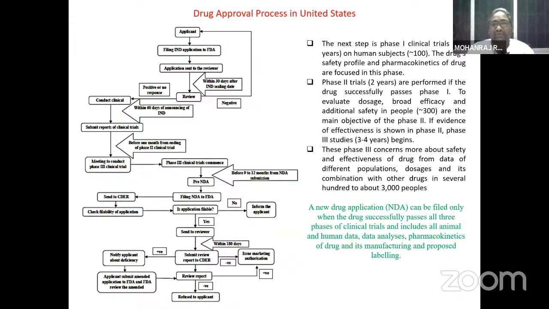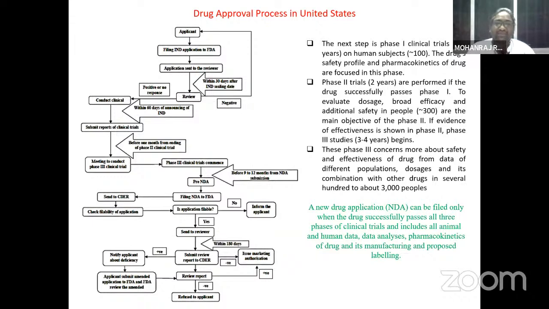Evidence of effectiveness is well justified. We get into 3 to 4 years of phase 3 study. This phase 3 could be done in approximately 3,000 people, where it concentrates on the effectiveness of the formulation in different populations. Dosage and chemical combination can be easily studied.